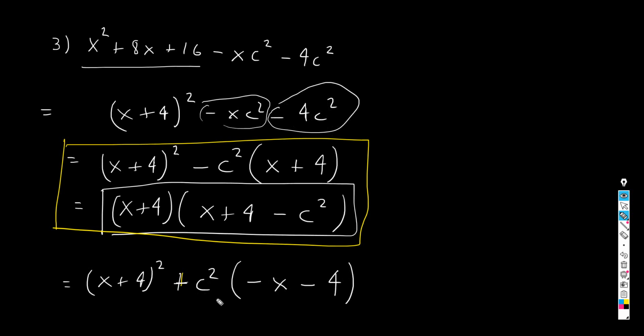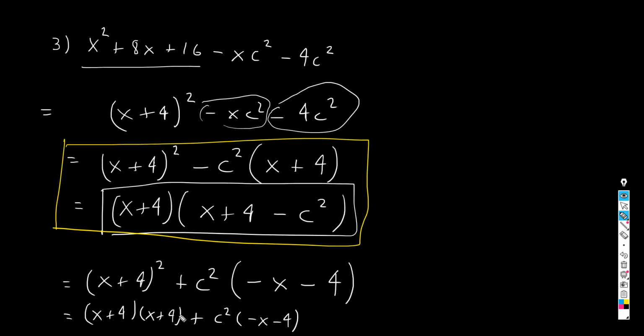Okay? But now if you notice, when you look at the final product, you have this x plus 4 times x plus 4, right? Which is the same as this, plus c squared times minus x minus 4.